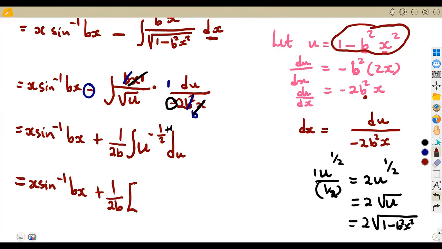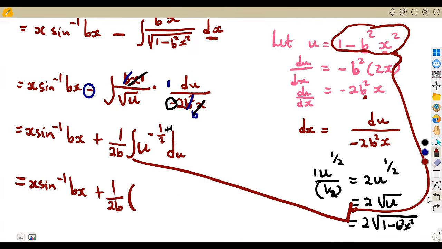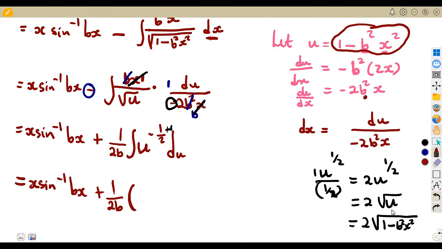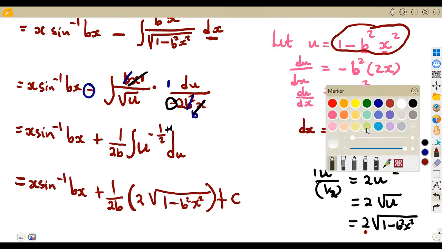There's no need for me to write this bigger bracket because already. So what I did, I integrated this aside. All right, we got this from the substitution part. We just have to take back our u and substitute back. So after integrating this whole part, we are obtaining 2 the square root of 1 minus b squared x squared like this. So this is the whole integral plus the constant of integration.